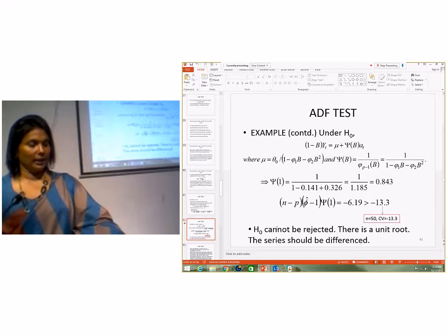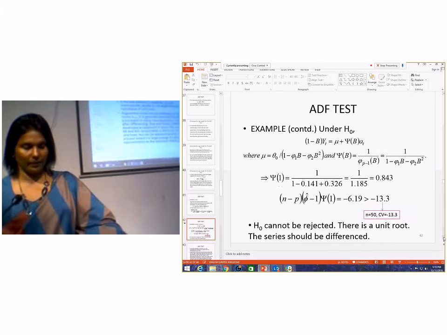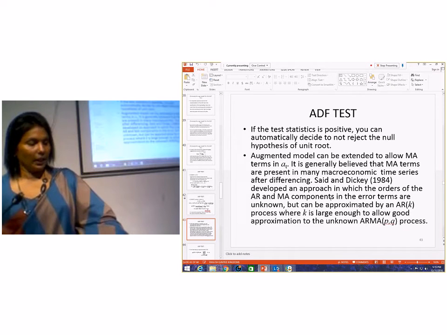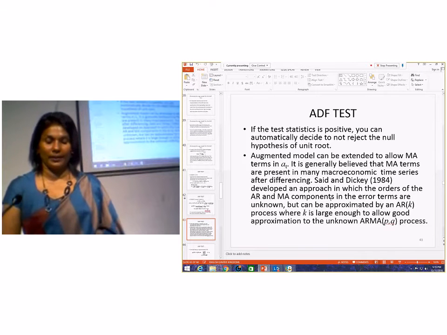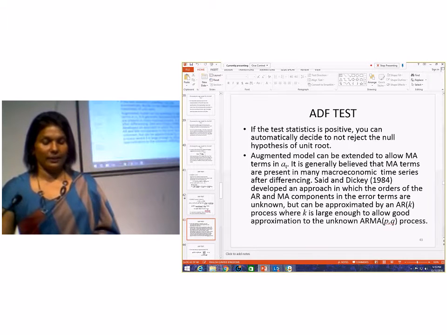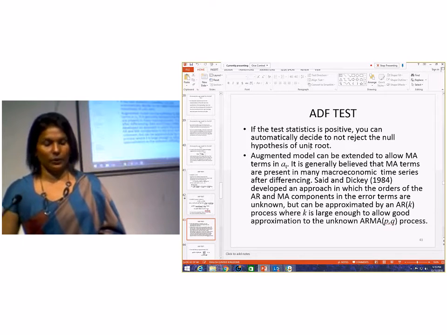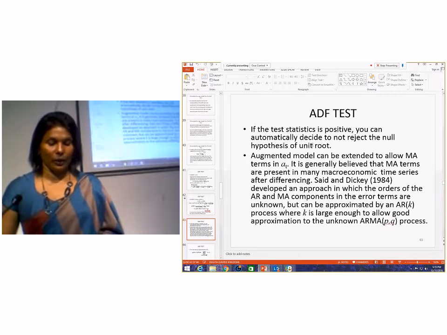So then we reject that the data need to be differenced. If the test statistic is positive, you can automatically decide not to reject the null hypothesis of a unit root.